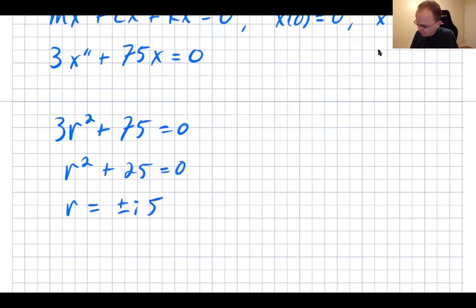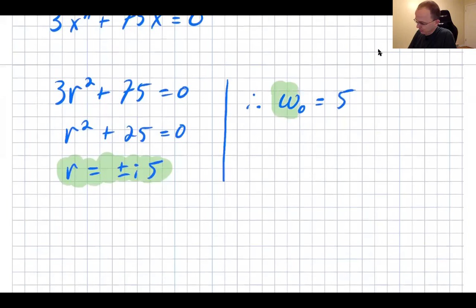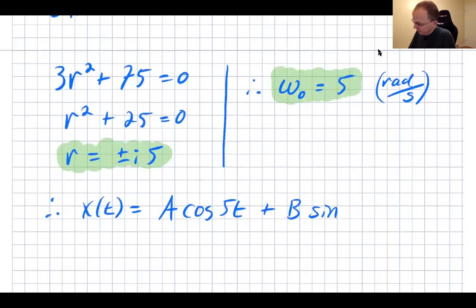So there are the roots of the characteristic equation, and therefore we know that omega naught is equal to 5. That's our circular frequency, 5 radians per second. So x of t is going to be a times cosine 5t plus b times sine of 5t.